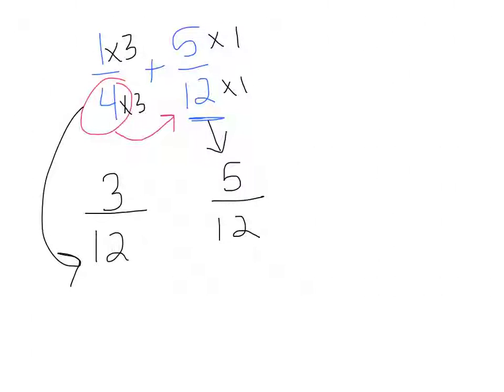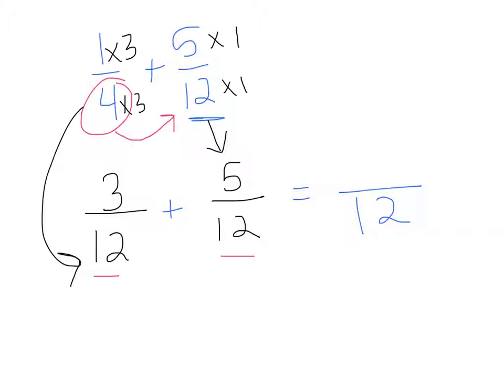Now what I'm going to do is check. Do I have common denominators? Yes. Can I add efficiently? Yes. So at this point I'm going to add 3/12 plus 5/12. When I'm adding fractions, my denominator always stays the same. I don't change that. I just add the numerators.